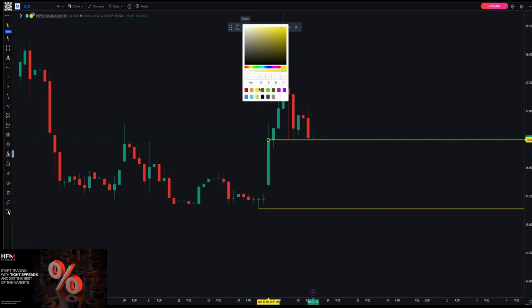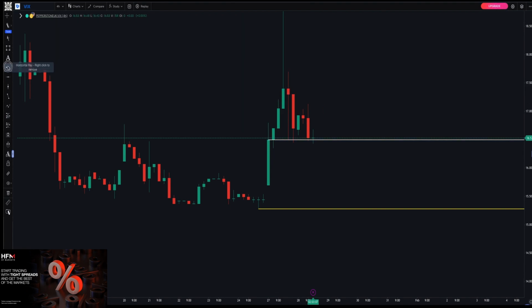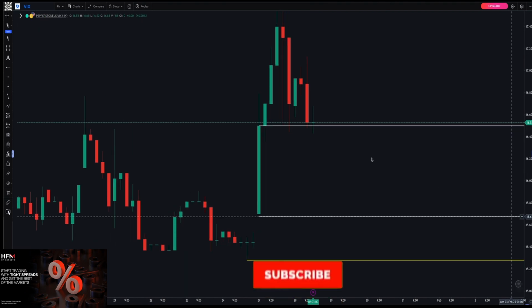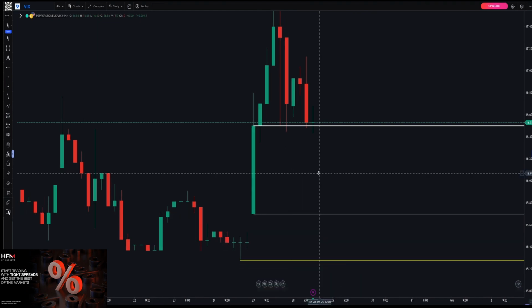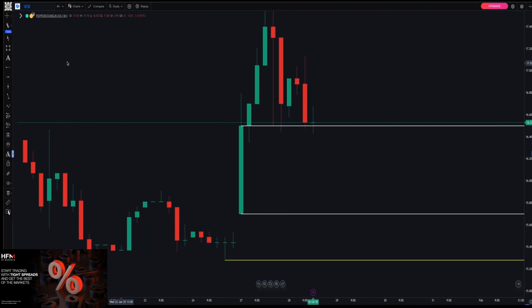Okay, let's use white. And then you would also take another line and place it at the low of that candle like this, right? Make sure it is touching the low. Okay, so this area in between here is the purple area where you're going to take trades for your VIX index. Okay, this area here.